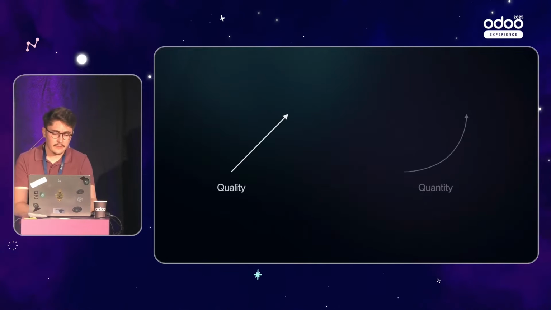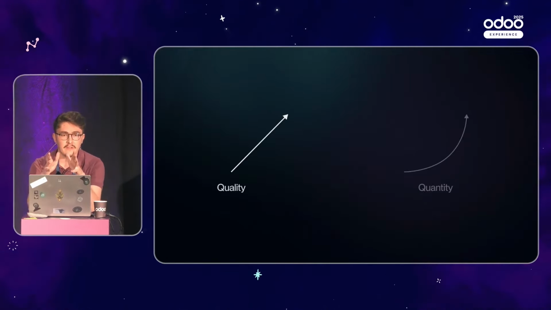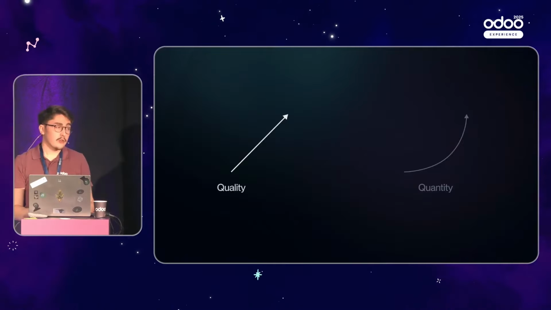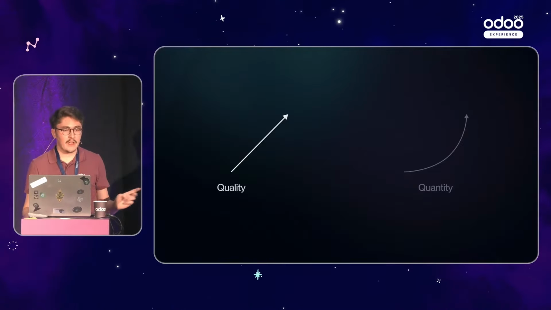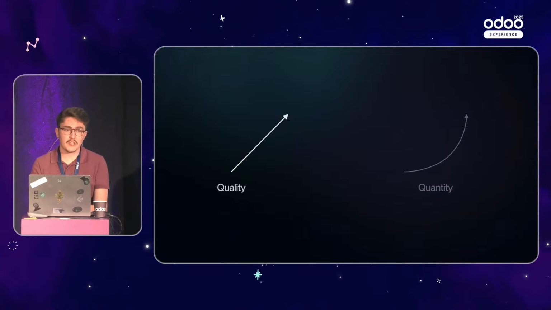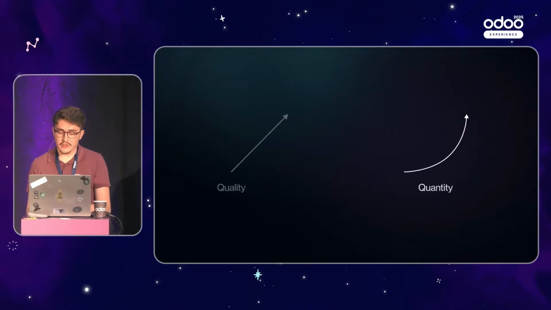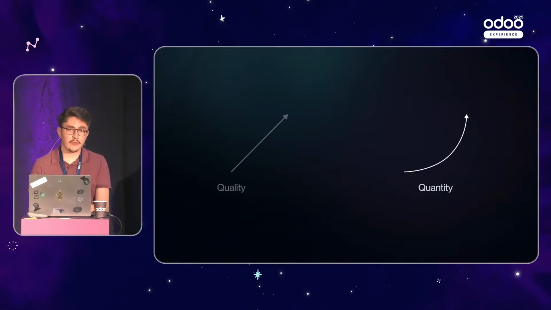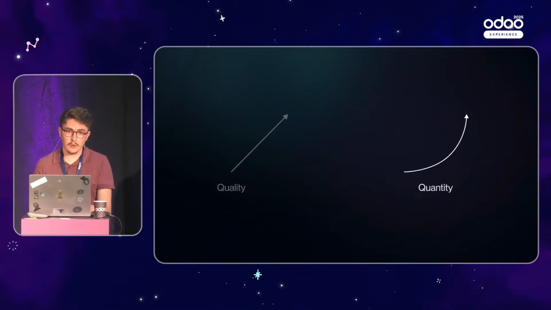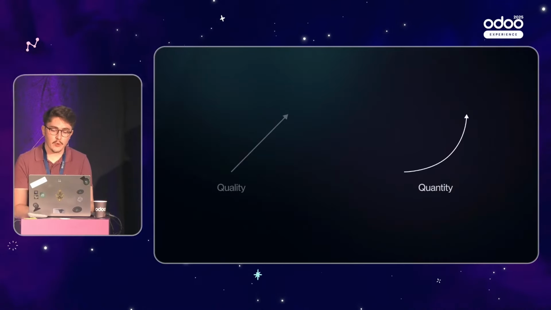Basically, it goes like this. On the first day of class, a teacher separates his classroom into 2 groups. The first group is the quality one, and their job is to take one picture over the year, but it has to be perfect. On the other side, you have the quantity group, and their mission is to take as many pictures as possible, but they don't have to worry about the quality.